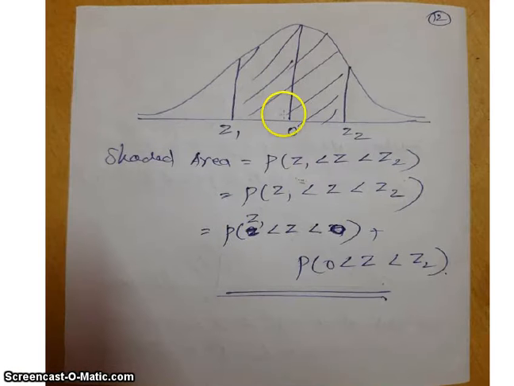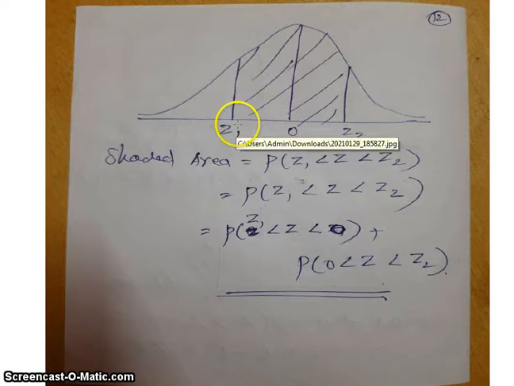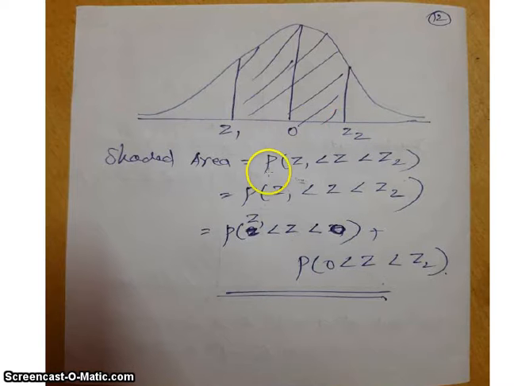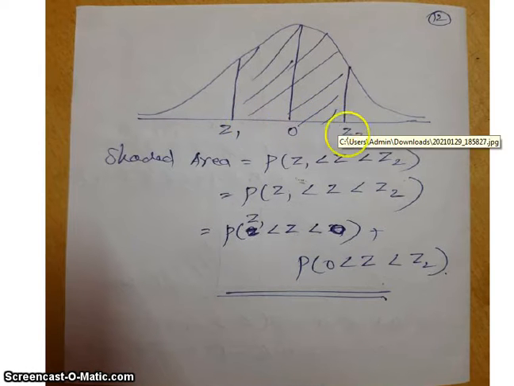Okay, if you want to calculate the area between z1 to z2, you cannot directly calculate z1 to z2. You can calculate the area between z1 to 0 plus 0 to z2, then add those two values. So how to calculate P of z2?